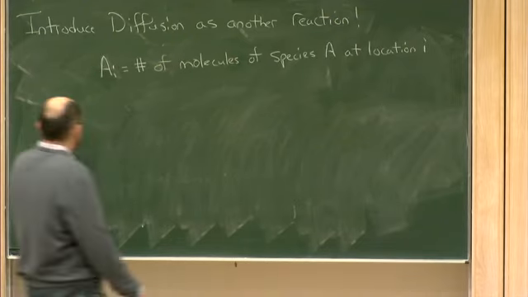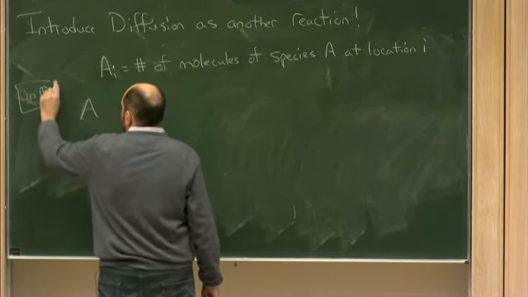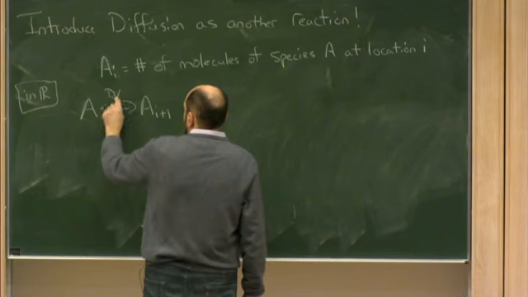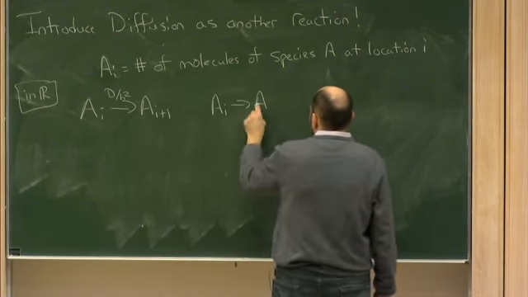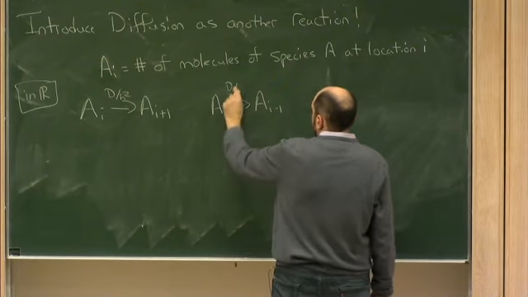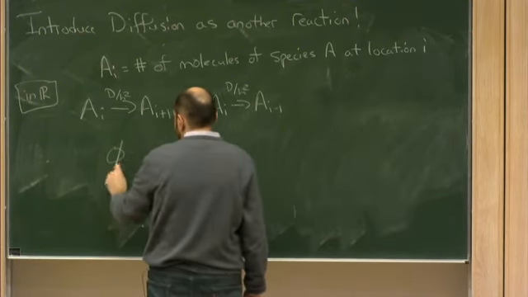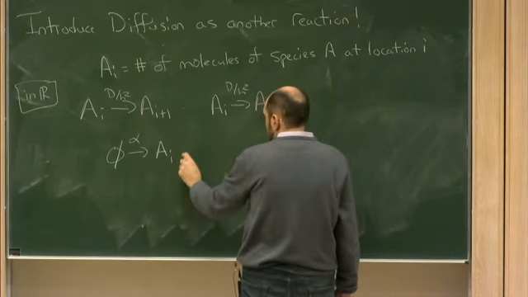In one dimension, a_i can go to a_i plus 1 at rate D over h squared, and a_i can go to a_i minus 1 at rate D over h squared. And then all those other reactions. You can create a molecule of species A at location i.